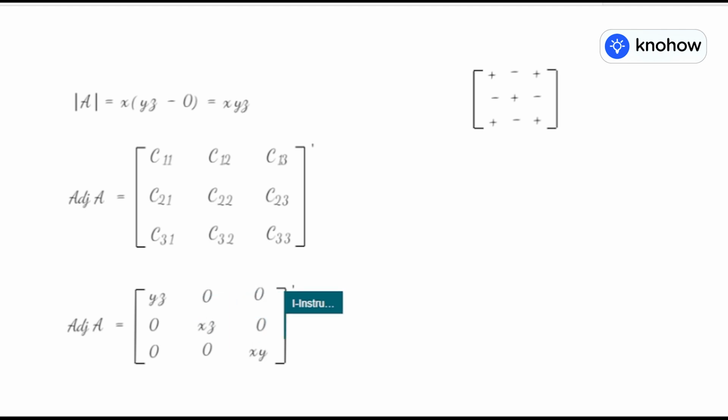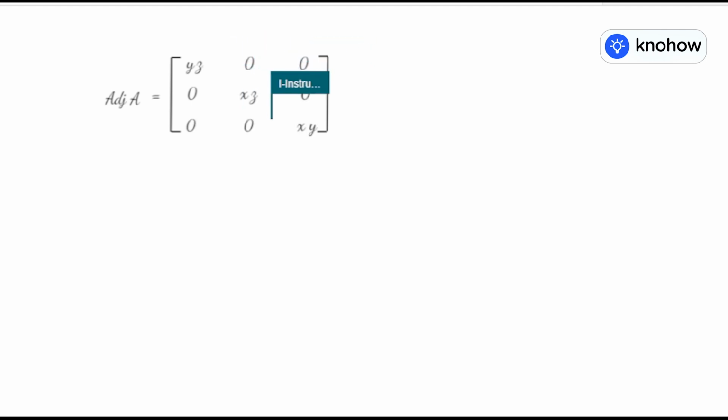And now if you work out the transpose of it, then you get adjoint A, and because the elements of the diagonal remain unchanged, so even the transpose will be yz 0 0. You write the elements of first row in first column, second row in second column, and third row in third column. Still it will remain same.